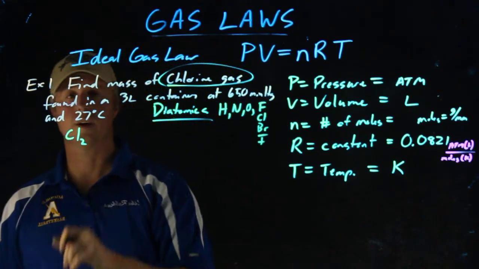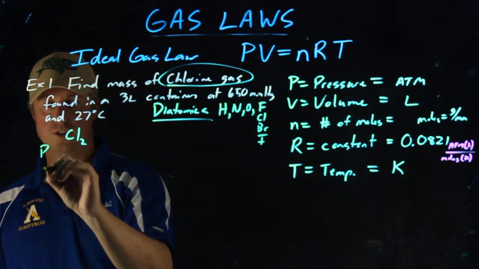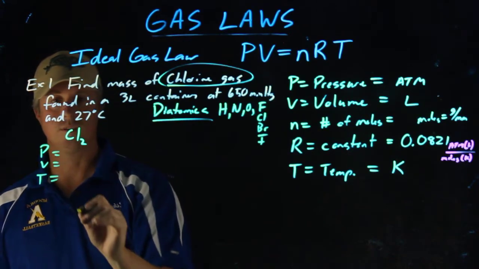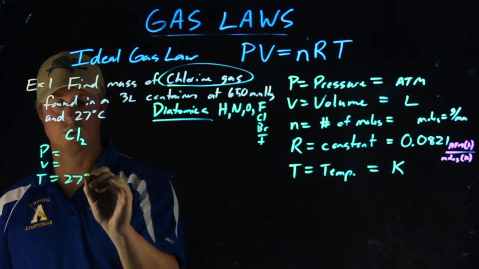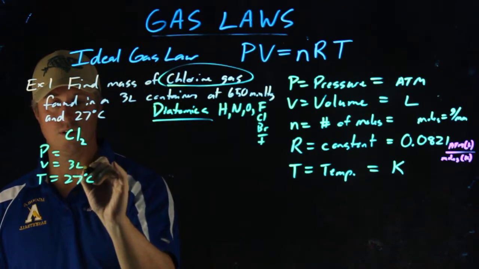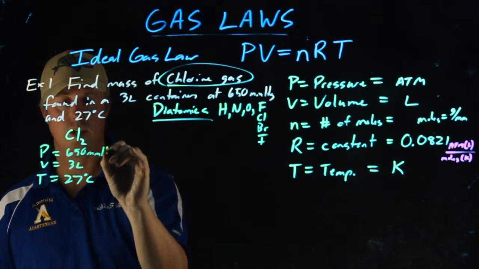So it is diatomic. That's going to help us. We have pressure, volume, and temperature all given. I have 27 degrees Celsius for temperature. I have a volume of 3 liters. And I have a pressure of 650 mmHg.